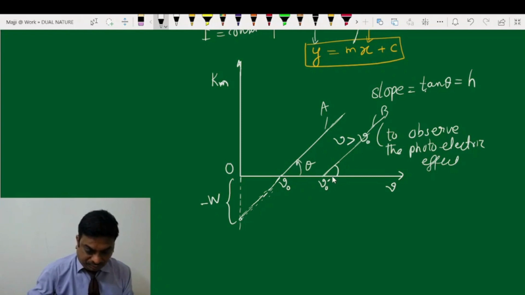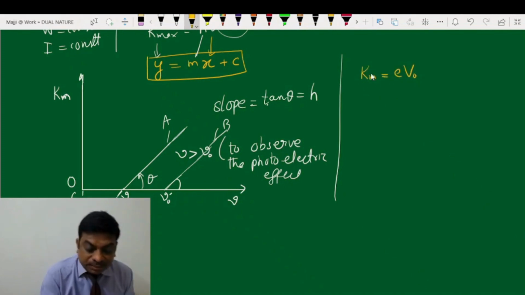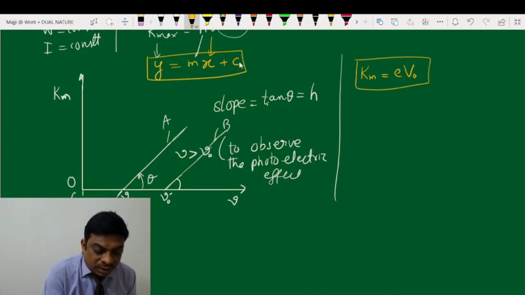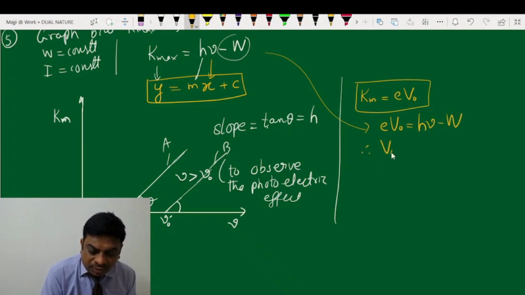frequency. Now, in earlier videos we have seen that the Kmax will be e into V0, where V0 is the stopping potential. Then rewriting Einstein's equation here, we can write e times V0 is equal to h nu minus w. Therefore, V0 will be h by e into nu minus w by e.